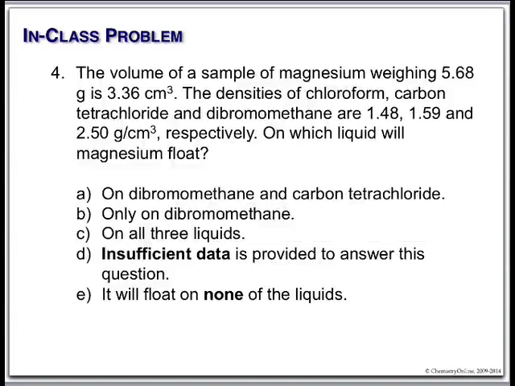What is that? Somebody have a calculator? 5.68 divided by 3.36 is 1.69. So, it is less dense than the last one, but it's more dense than the first two. So this is the one it will float on.